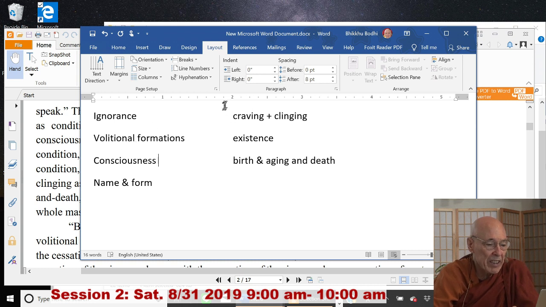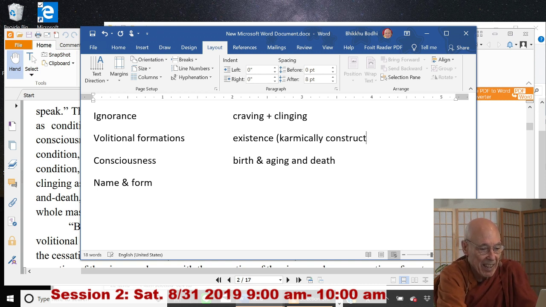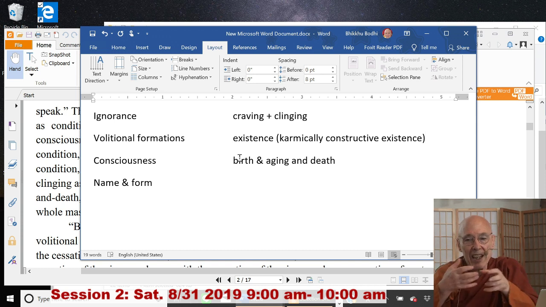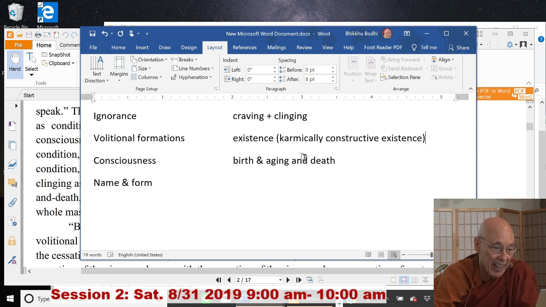So along with ignorance, we have craving and clinging. And then the volitional formations are karmic activities. And what is meant by existence is also the karmically constructive side of existence. And this karmically constructive side of existence gives rise, again, to consciousness and name and form. And consciousness and name and form is what undergoes birth and then undergoes aging and death.